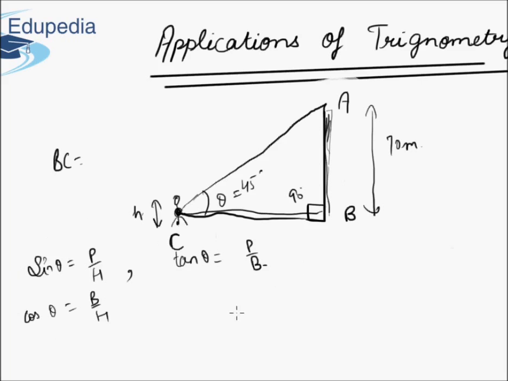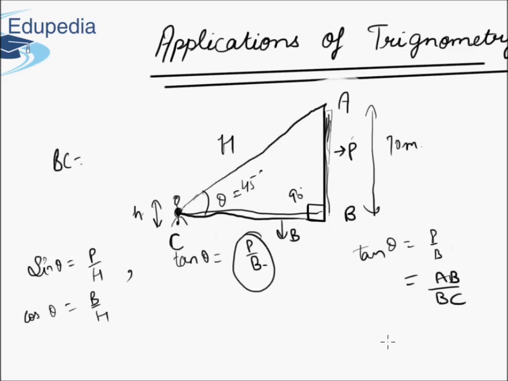Basically, these are the three trigonometric ratios which we generally deal. So here we are given with perpendicular, this is base and this is height. The only formula that is involving the given value and the value to be found out is this formula, that is tangent of theta is perpendicular over base, or AB over BC.